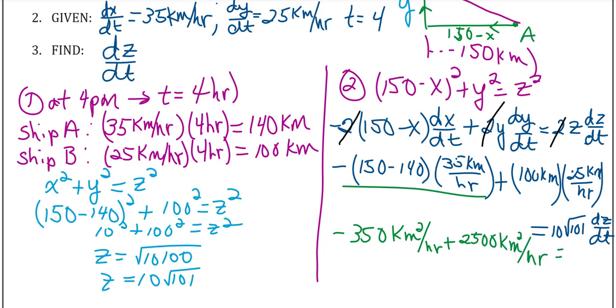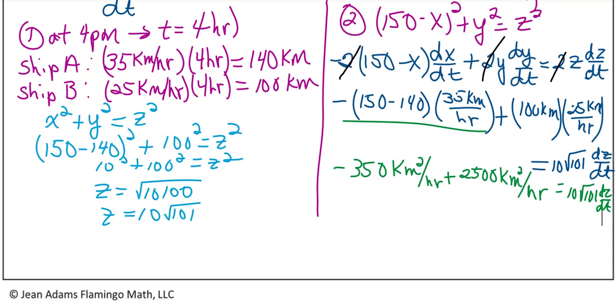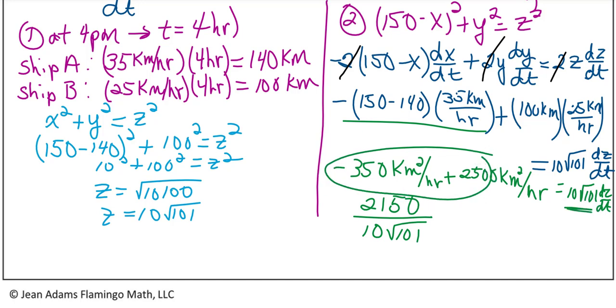And that's going to equal my 10 times the square root of 101 dz/dt. Putting the left side together, I get 2150, and I'm going to divide that by the 10 times the square root of 101, and that'll give me dz/dt.